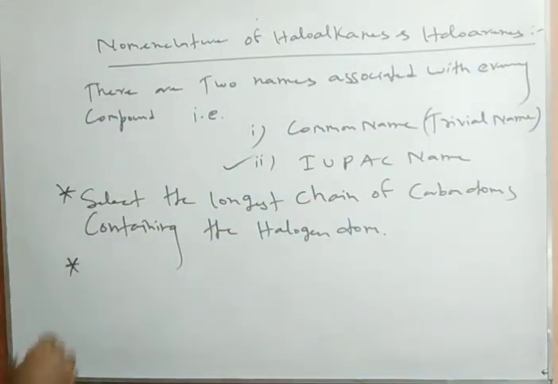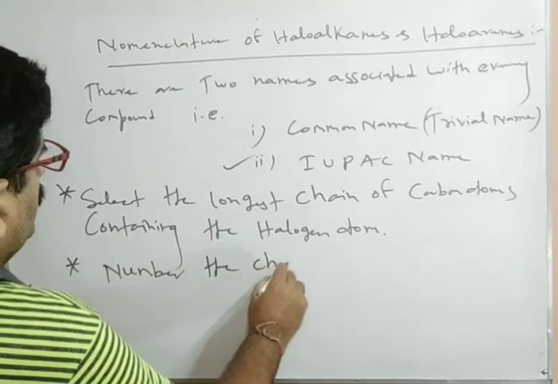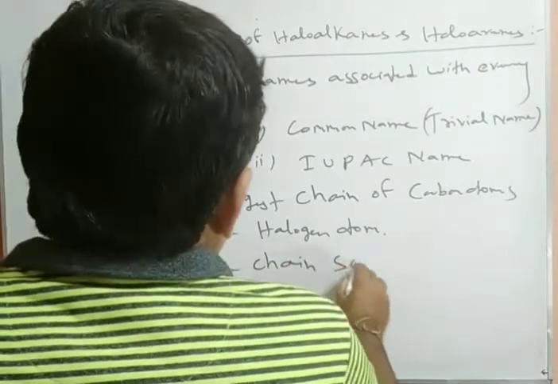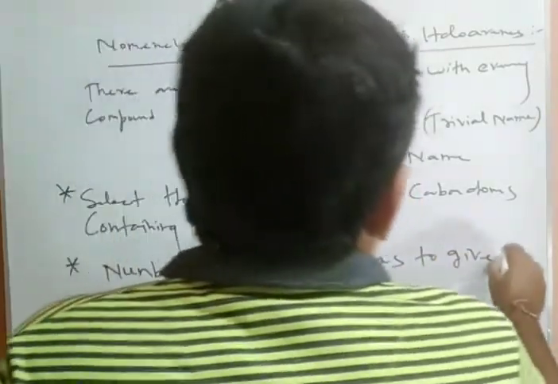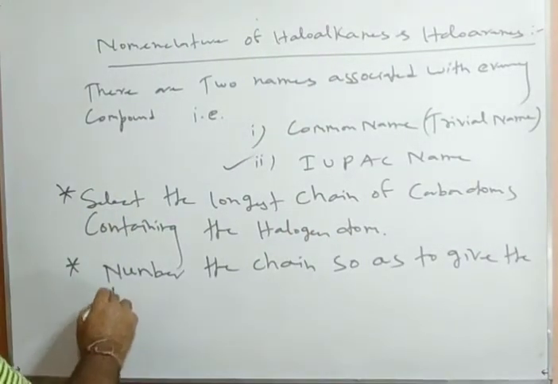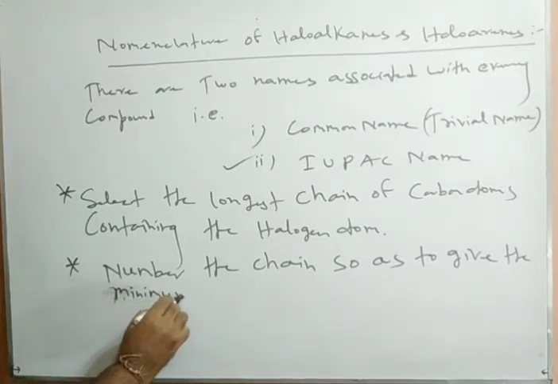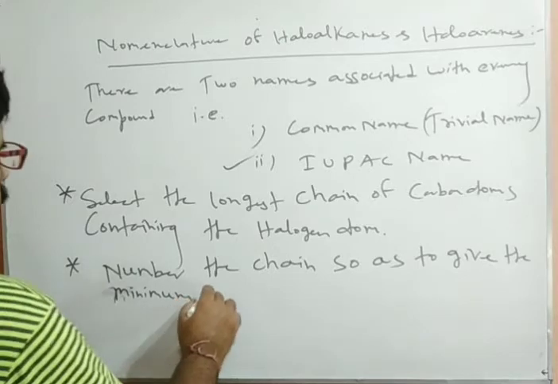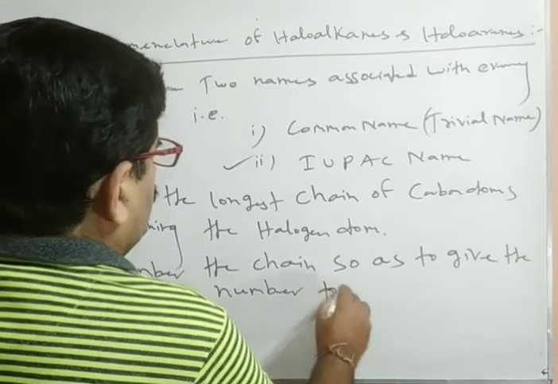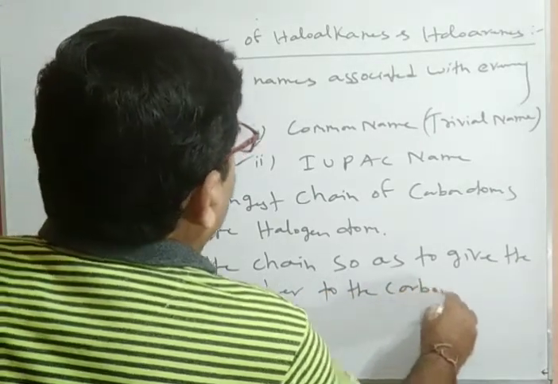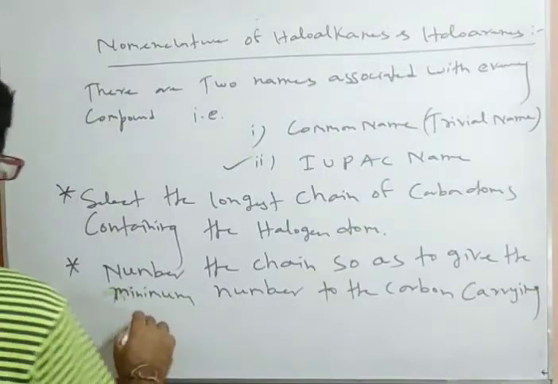The second one, number the chain so as to give the minimum number to the carbon carrying the halogen atom.